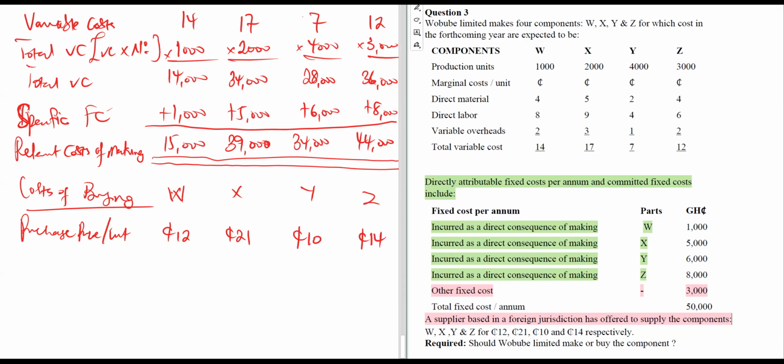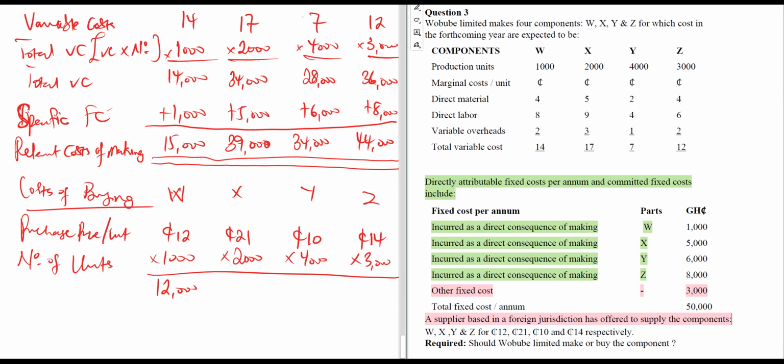So what's the number of units? This one we were producing 1,000 units, right? Producing 5,000, 4,000, and 3,000. So we multiply. This will be 12,000.